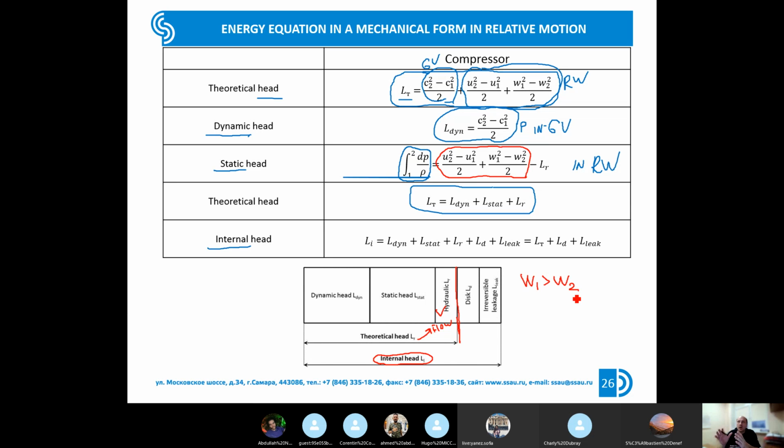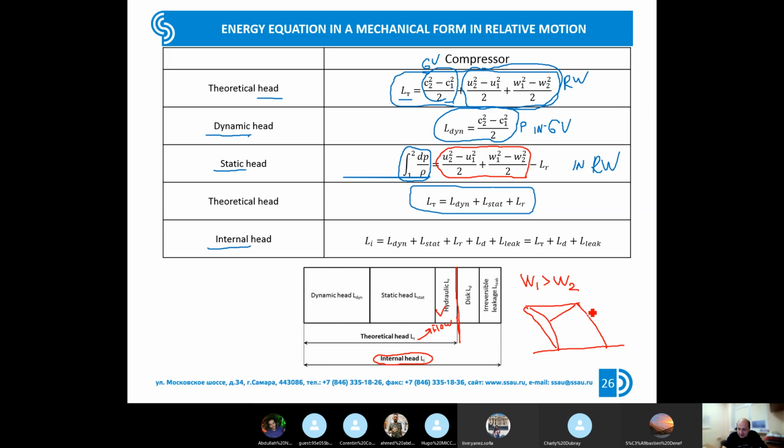It means you need to brake the flow, you need to reduce the velocity of the flow. And how to realize it? Very simple, you need to organize a diffuser channel which will be divergent.